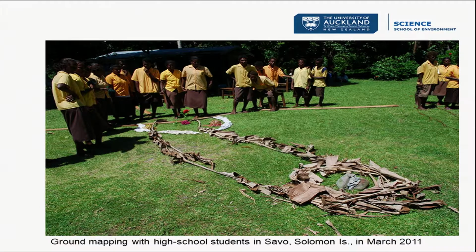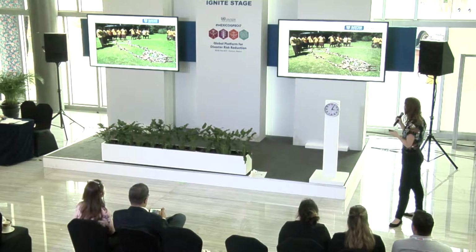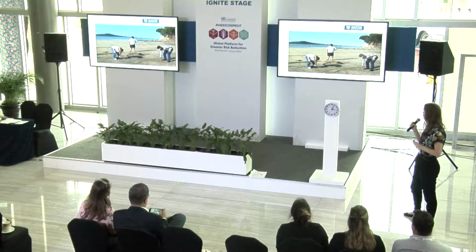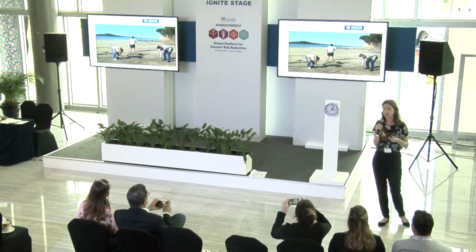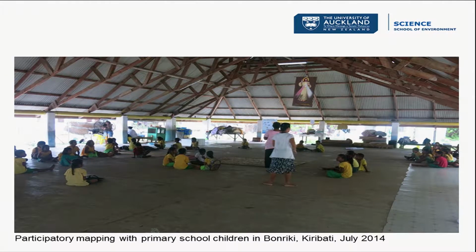So ground mapping consists of constructing maps on the ground with locally available materials such as stones or sticks, or drawing in the sand or the dirt. Another example here is where children actually use their bodies as the medium of mapping.